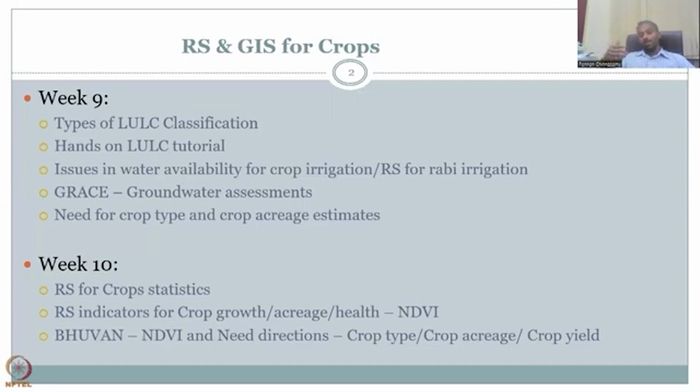You just have to download it and use it for your reports. We'll showcase what it means in the coming slides. Some platforms, like Bhuvan NDVI, we will check, and need directions on where the new crop type, crop acreage, and crop yield estimates are going to come from. All these we will discuss in the week 10 lectures.